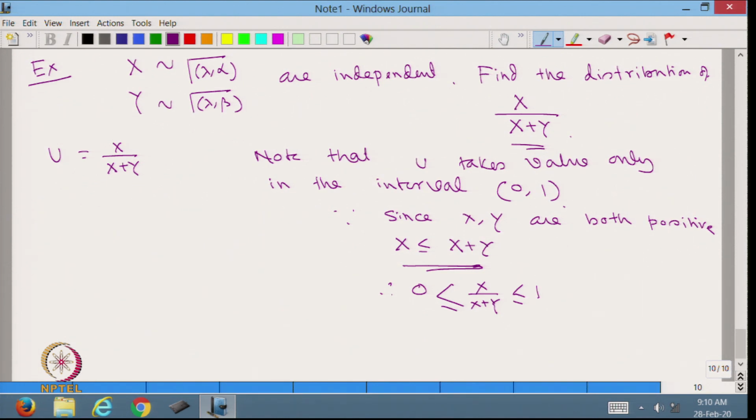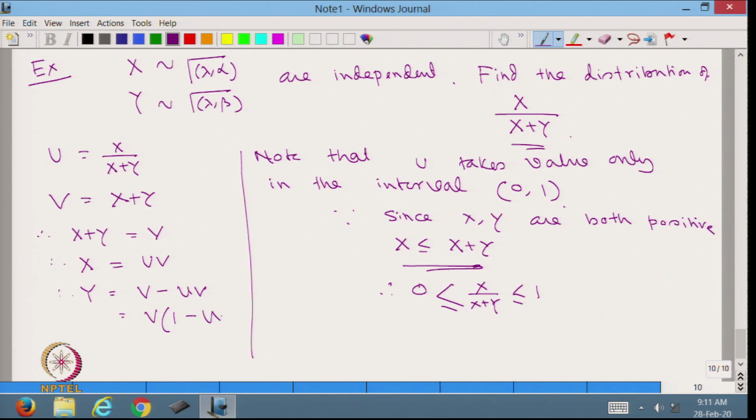Let us consider v is equal to x plus y. Therefore, x plus y is equal to v. Therefore, x is equal to u v, and y is equal to v minus u v, which is equal to v into 1 minus u.